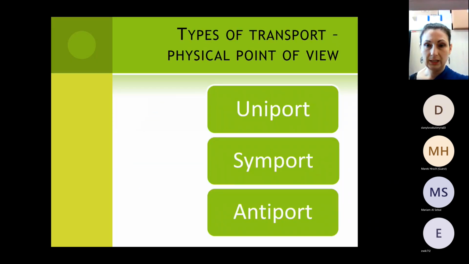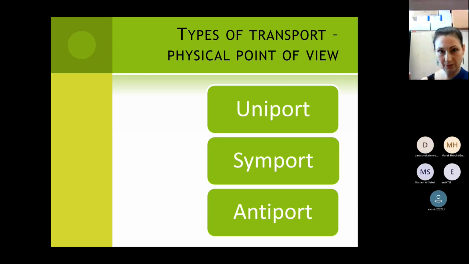So first of all, let's introduce a little bit the physical types of transport via plasma membrane. Just first of all, make a scheme in your mind. So you have a barrier, which is a membrane. It could be, in your mind, a wall with doors or something like that.